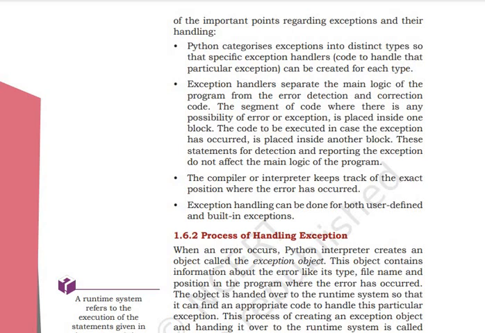We use the terms try, catch, throw, throws and some other terms, and we use finally in Java. Exception handling can be done for both built-in as well as user-defined exceptions.